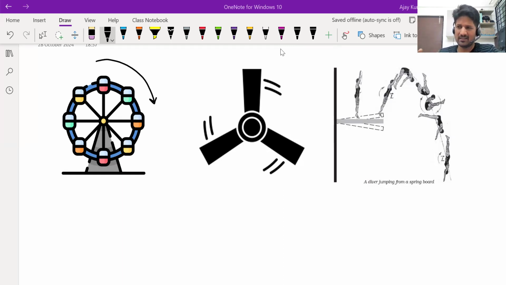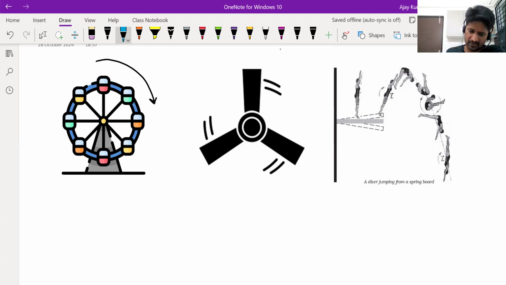But what exactly do you think is helping us identify that the system is rotating? Any idea, anyone? Okay, fine. See, we subconsciously register the relative position of particles.